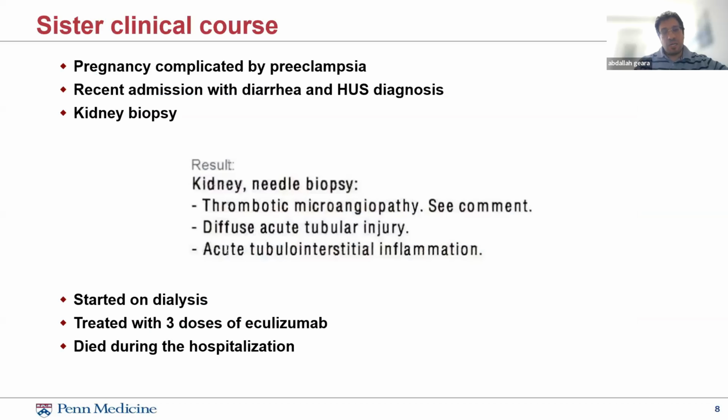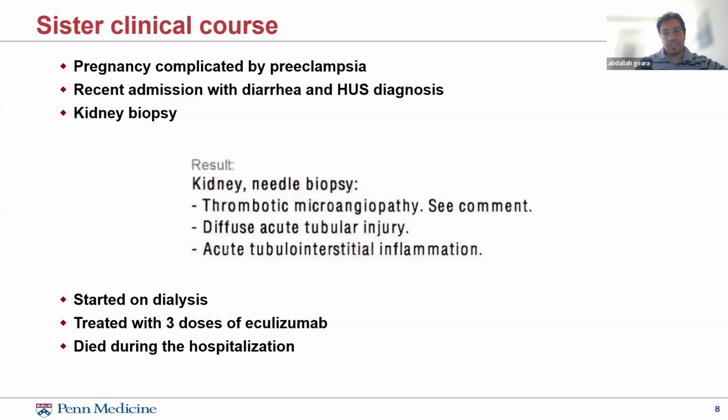To add to the reason the patient came to me is what happened recently to her sister. Her sister had a pregnancy that was complicated by preeclampsia. But recently she was admitted with diarrhea and a diagnosis of HUS, and the kidney biopsy confirmed thrombotic microangiopathy.